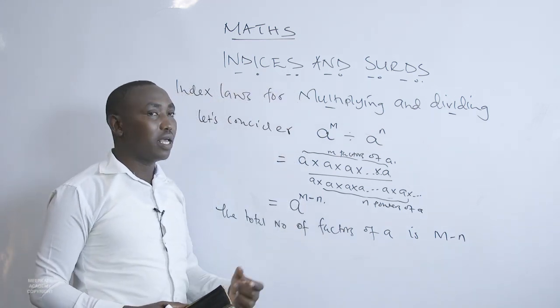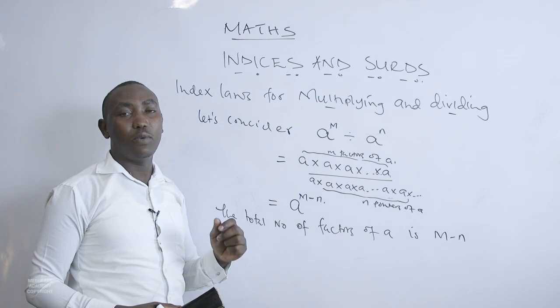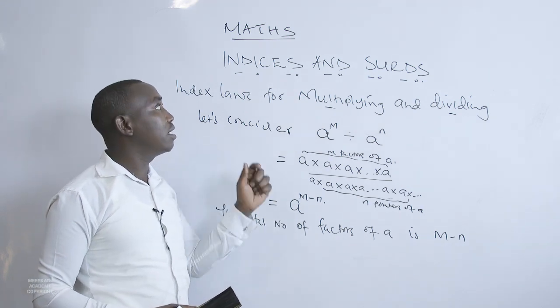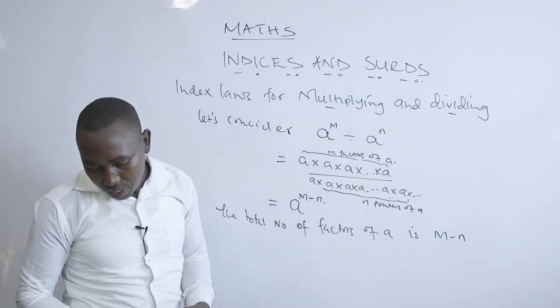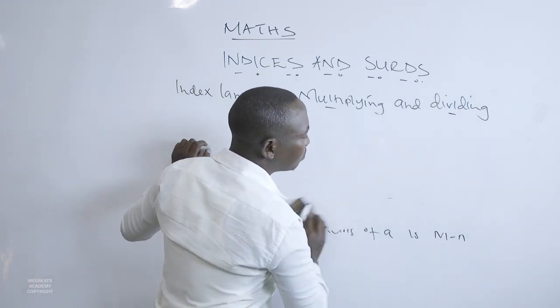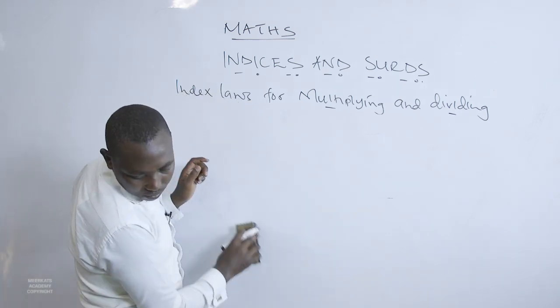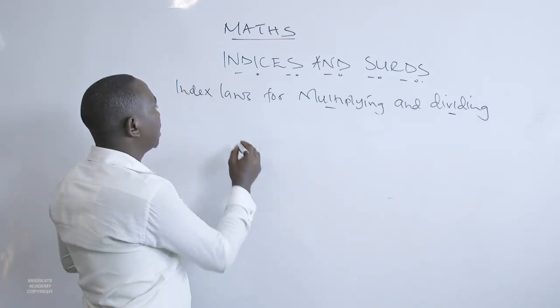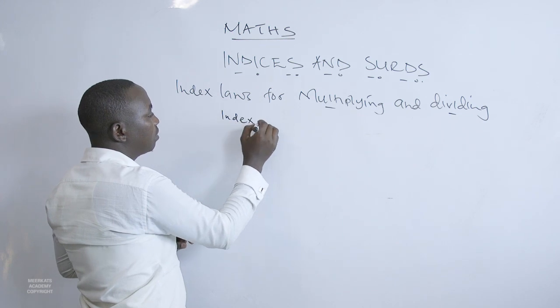This gives us the law that we normally apply whenever we are dividing indices. So let us have the two rules. Index law for multiplication.